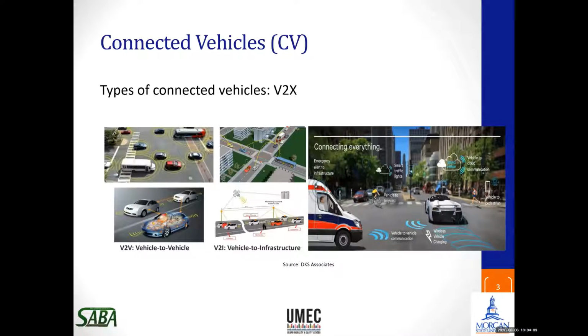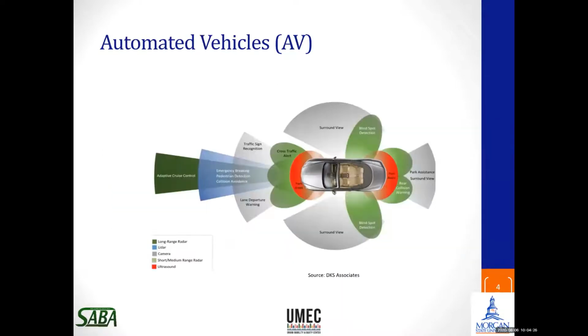That X could be vehicle, V2V, vehicle to vehicle. V2I is vehicle to infrastructure. V2D, vehicle to device. V2P, vehicle to pedestrian or people. And V2C is vehicle to cloud. And automated vehicles, we have autonomy from level 0 all the way to level 5.